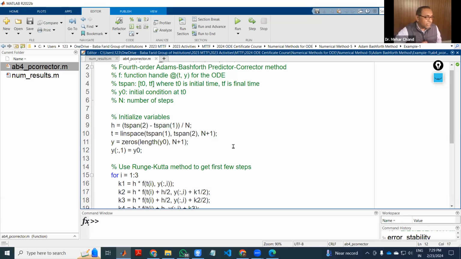This is also quite simple: length y0 and n+1 will generate the same length of y as we have t. The length of these two vectors must always be equal.